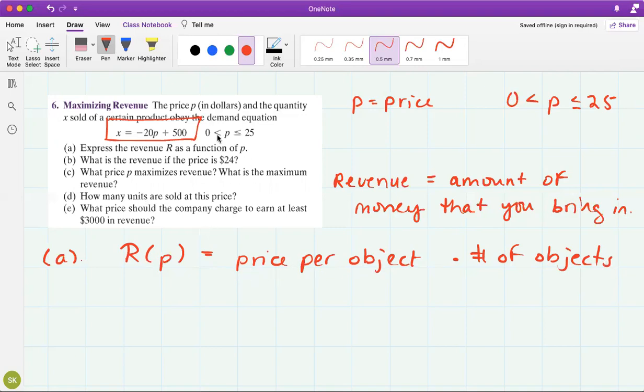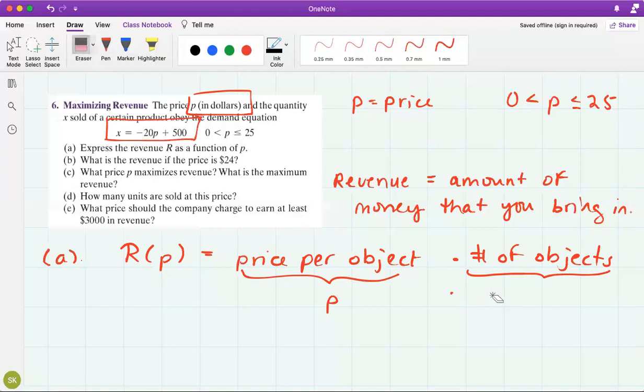The price per object is given by P. So this piece is just P. And the number of objects is the demand, how many objects we're trying to sell. And that is given by this function X. So it's P times X, right? But because I want the revenue just to be a function of P, instead of X, I'm going to put negative 20P plus 500, because that's what X is equal to.